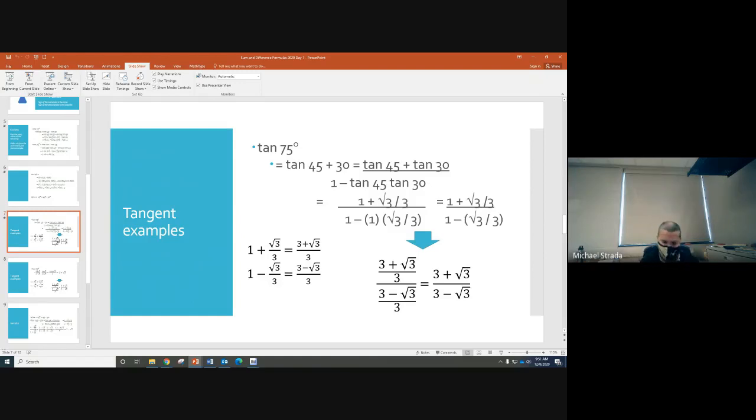All right, so those come from the tangents. Now, this is where you got to be able to work with rational expressions. The denominator here is 3, so the denominator of that also has to be 3. So I got 3 over 3 plus root 3 over 3, 3 over 3 minus root 3 over 3.